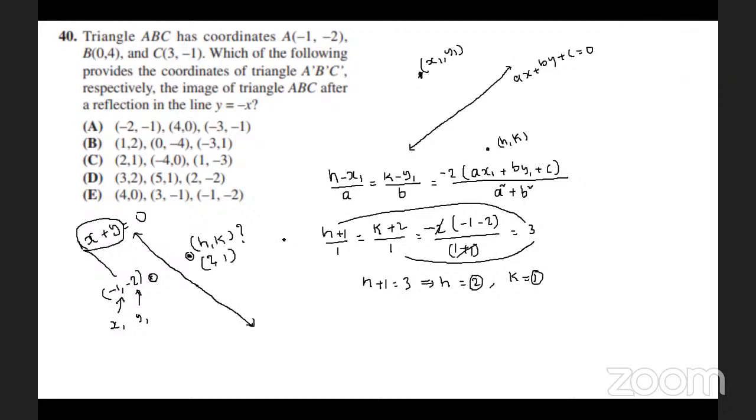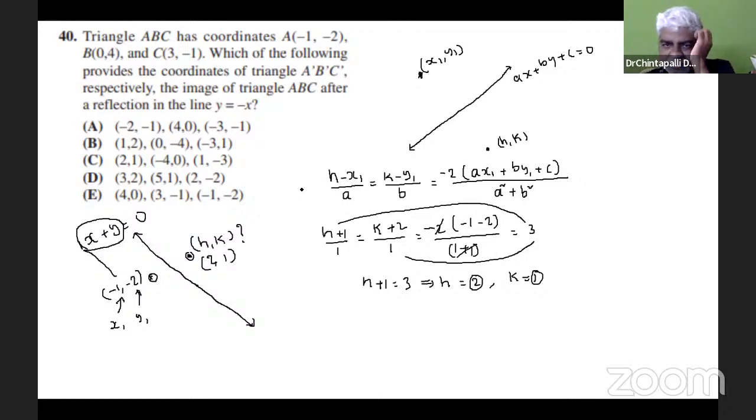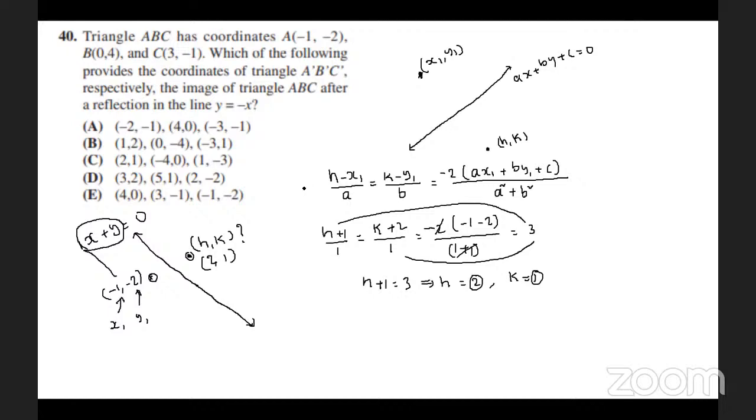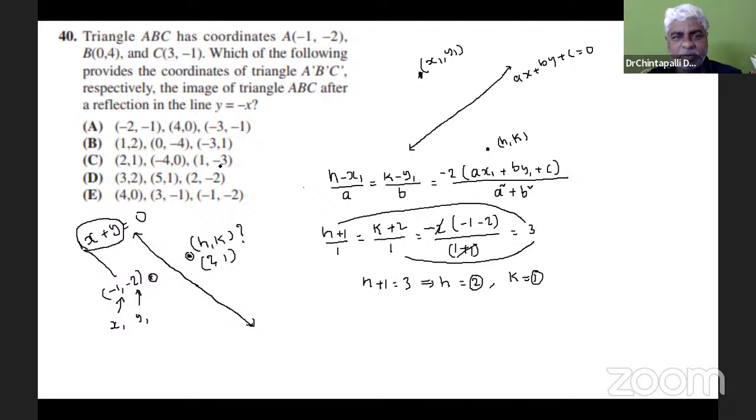Yes, sir. This is the standard formula to find the image, right? And the method we used to solve this question is just by observation. Since this equation is very simple, we can draw its graph and find the image on the graph. But sometimes the equation may not be so simple. For example, 7x plus 19y plus 81 is equal to 0.